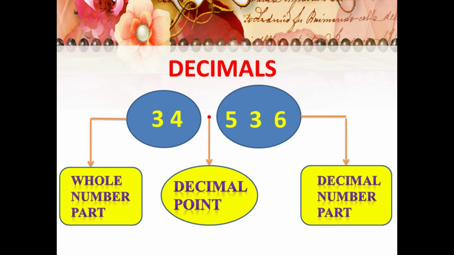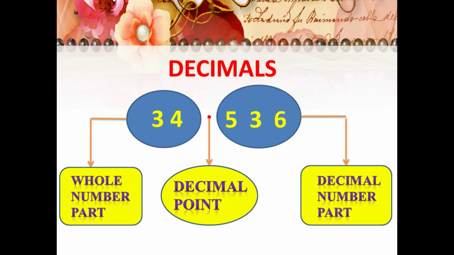Okay children, why do we learn decimals? Where do we use decimals in our daily life? In our daily life, we are using decimals in many places. Students, think of instances where we use decimals. An athlete's speed in a sports event, for example, 41.2 seconds.